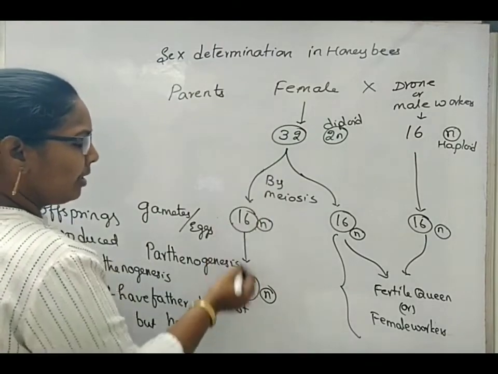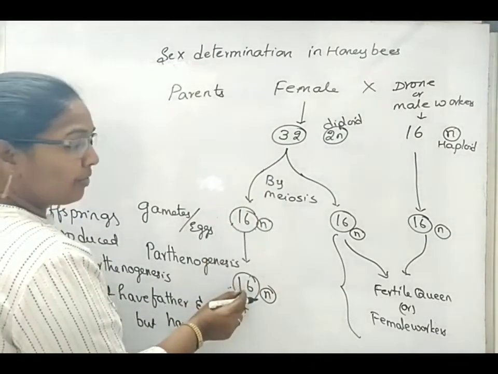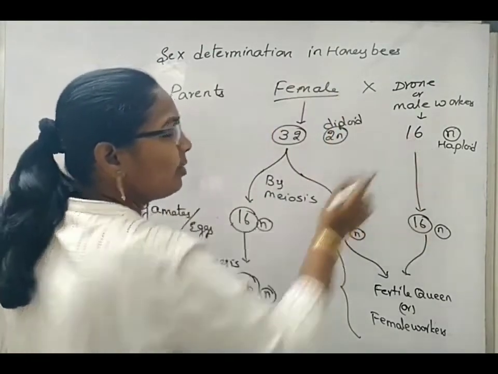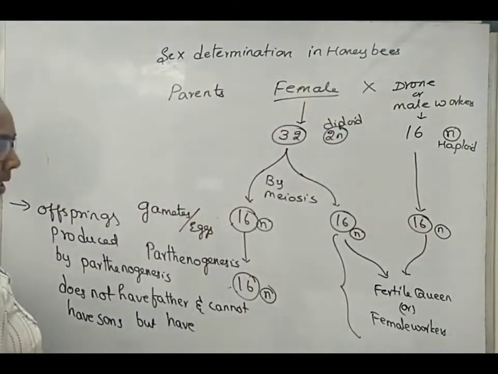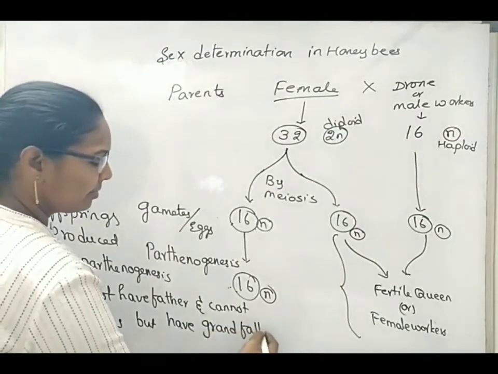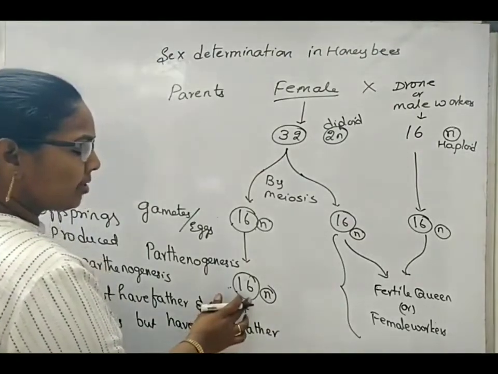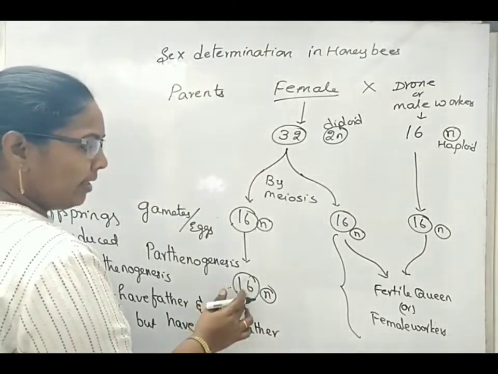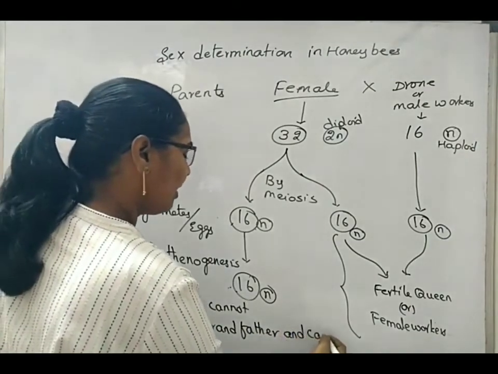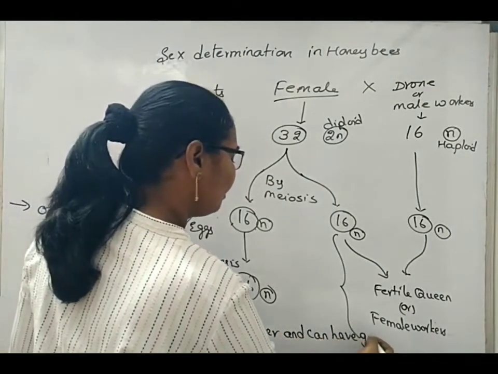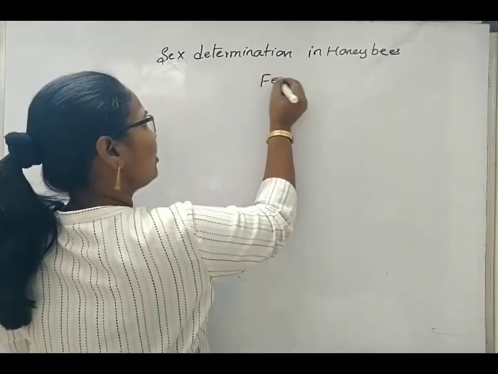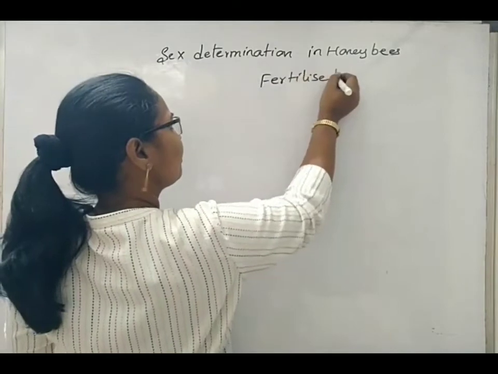If we consider the parents for this type of offspring, a female is formed from a male only, by fusion of male and female gametes, so they have a grandfather. In the next generations, if this is crossed with a female egg, then it can have grandsons.